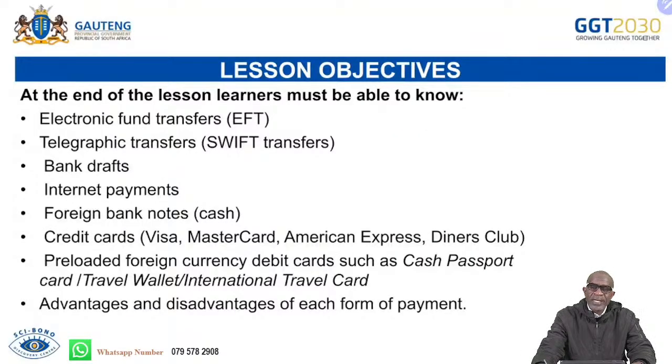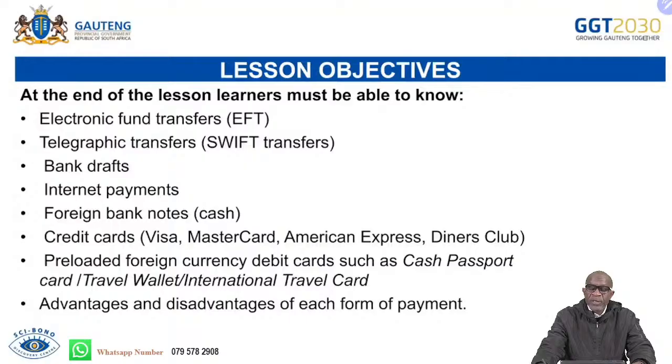As we move on, let's now look at the lesson objectives. By the end of this lesson, you as grade 12 learners must be able to know the following. These are your forms of payments.